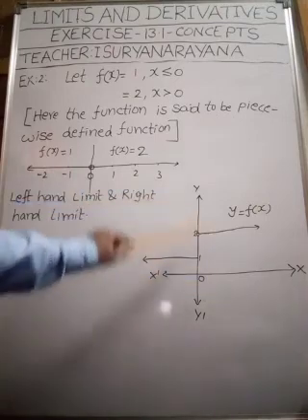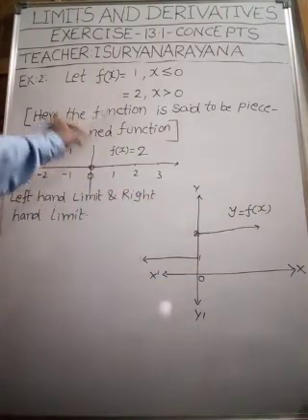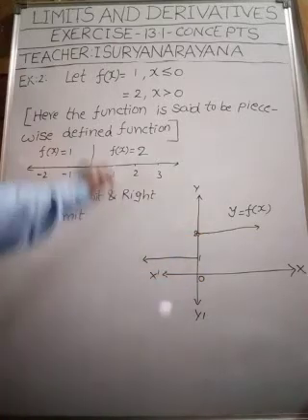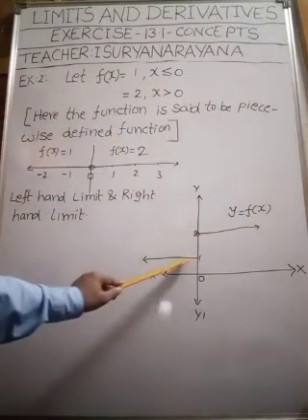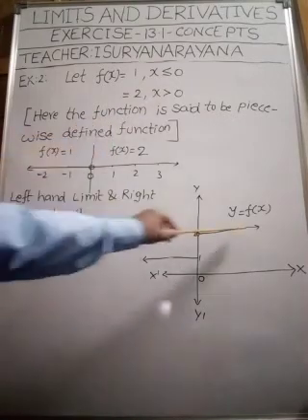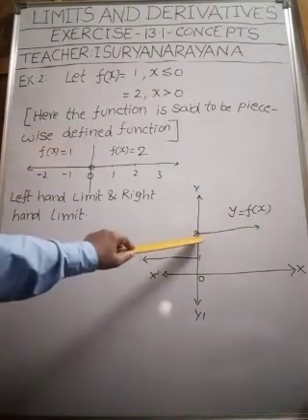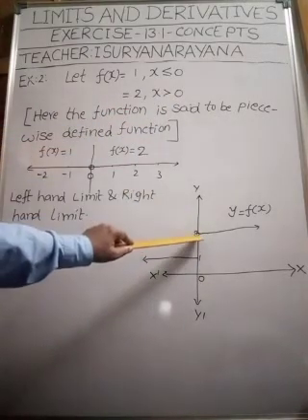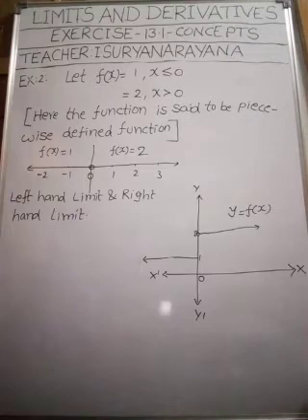This is the graph of y is equal to f of x for this function. See here, if x is less than or equal to 0, we get this line, and if x is greater than 0, we get this line. And see here, a hole is drawn here, because x is greater than 0; at 0 it is not defined. Okay, my children, right.